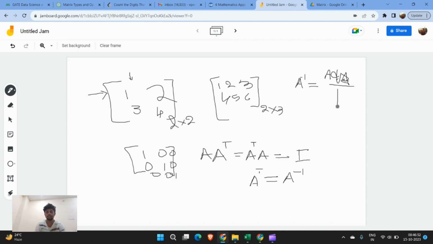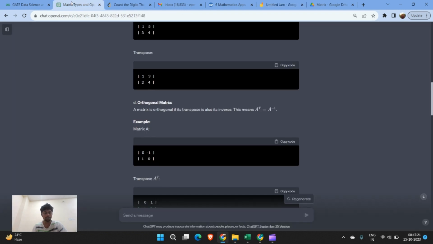We don't need to worry about that now, and we'll discuss it in later sections. The ultimate point is, if you identify the matrix as an orthogonal matrix, and someone asks you to find its inverse, then you can simply transpose that matrix, and that is the inverse of that orthogonal matrix. So this part is done.